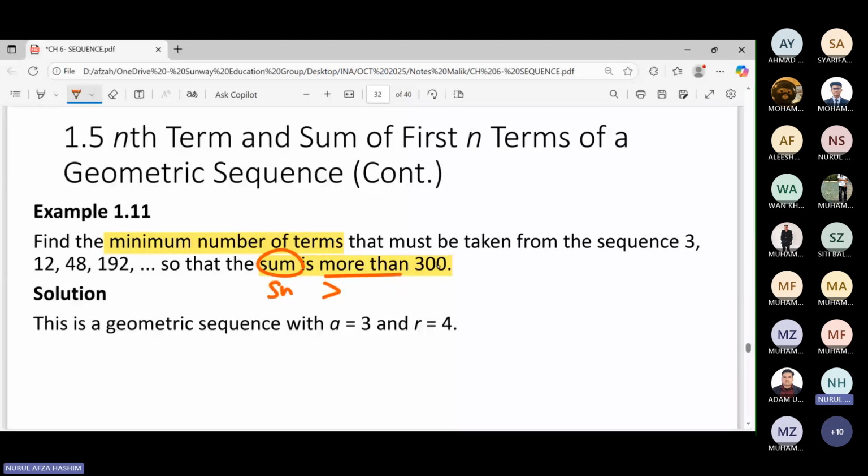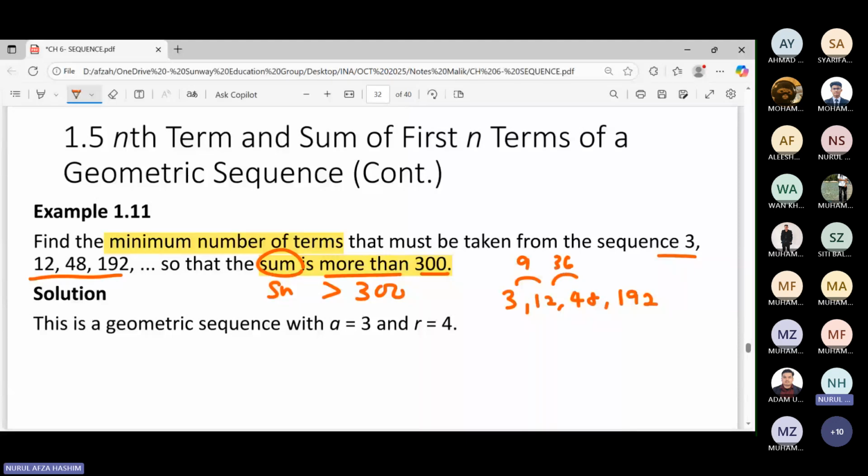But for the sequence here, you must check: is it arithmetic or geometric? As we look at here, 3, 12, 48, 192. The difference here is 12 minus 3, you get 9. This is 48 minus 12, you get 36.